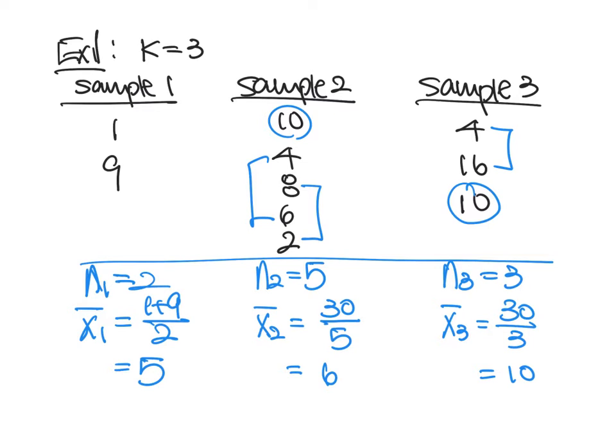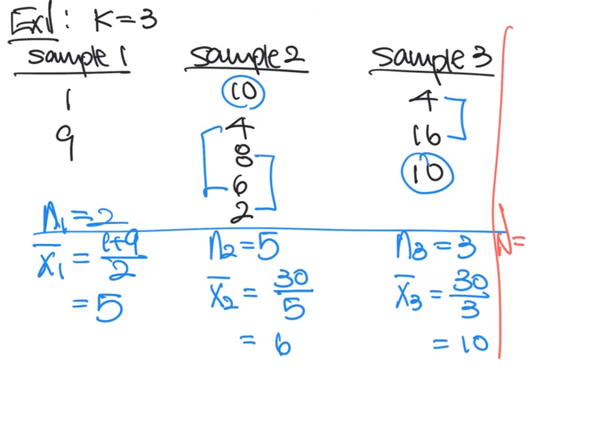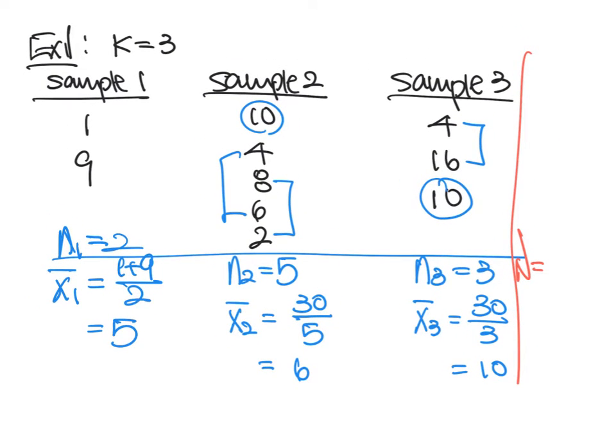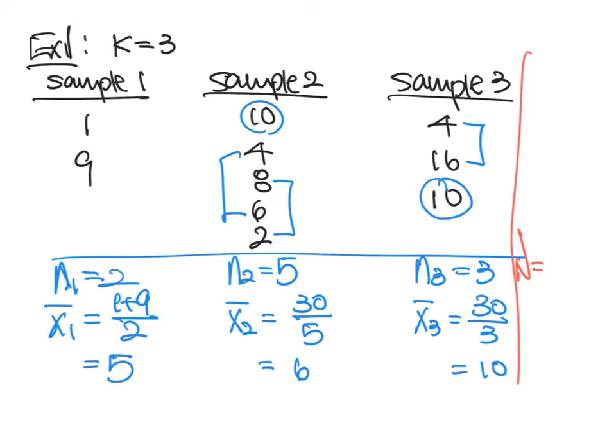How about the big N? The big N was defined as the summation of small n_i's, i from 1 to k.